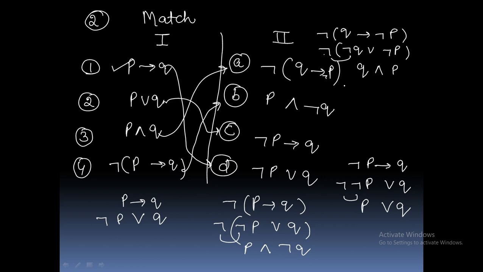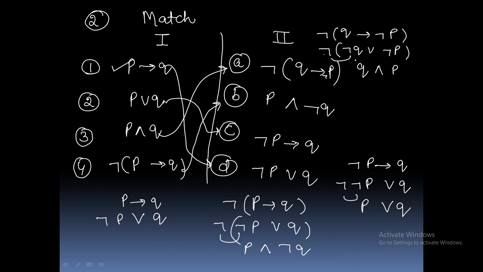Now on the right side we will solve the first A equation and C equation. When we solve the C equation, not P implies Q, we will get P or Q. That will be matched with the second option. Now we solve the first option A, not Q implies not P. Negation of Q or negation P will be written in bracket.